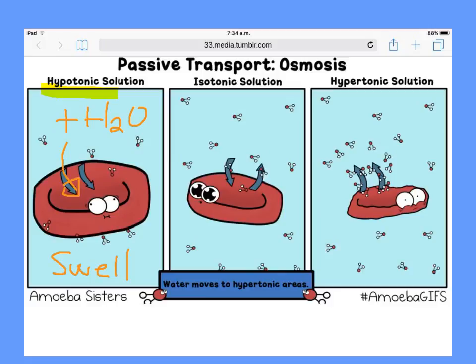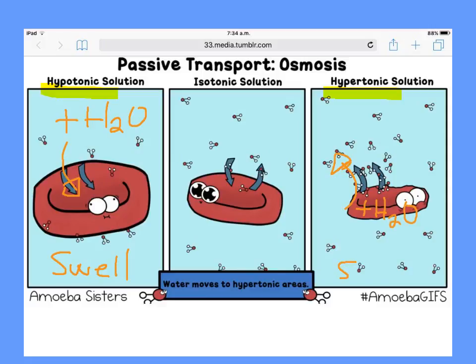Now, in a hypertonic solution, what is going to happen is exactly the opposite. A hypertonic solution has more water inside the cell at the beginning, and obviously water will follow a gradient, so it will leave the cell, leaving the cell shrunken.